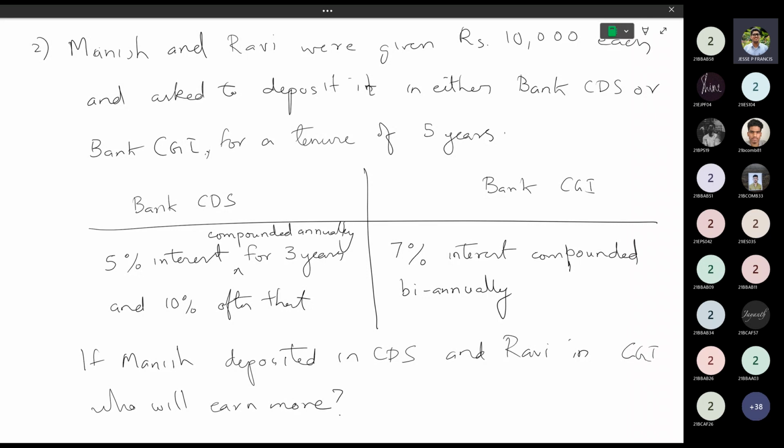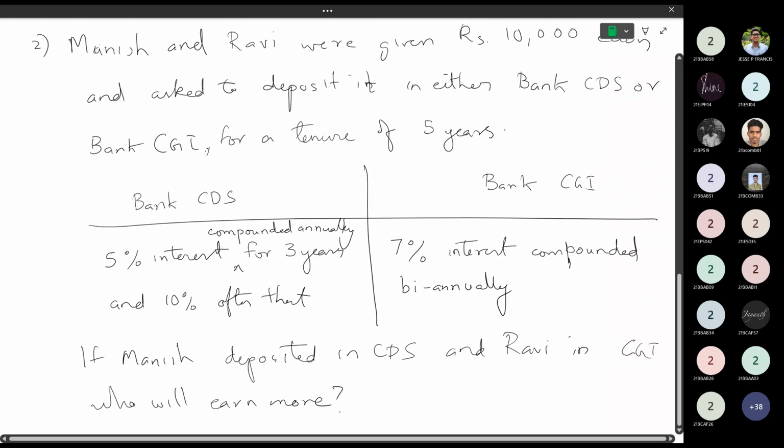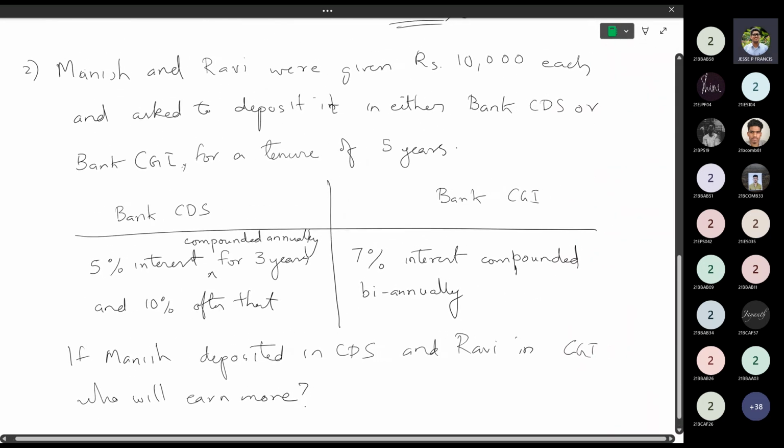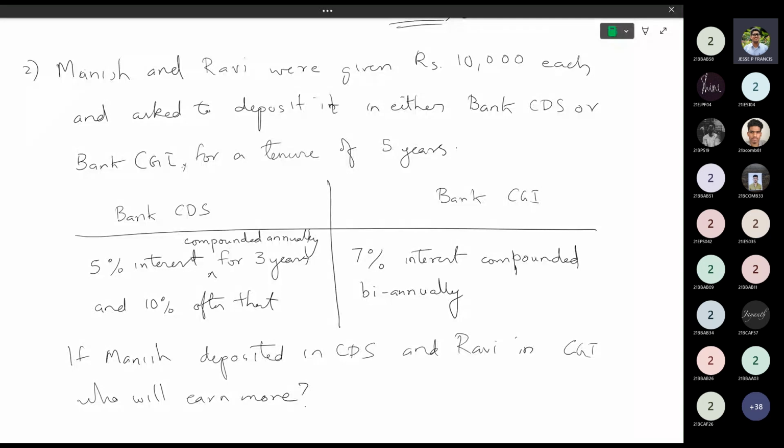Compounded annually, yeah. Who will earn more? Can you try and get your answer ready? Both of them had the same amount to start with. Both of them were asked to deposit in either bank. Manish chose CDS, Ravi chose CGI. Who will earn more?